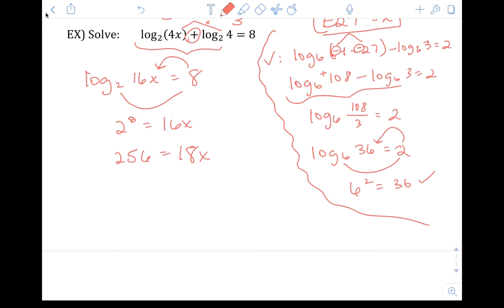So, I don't know why I just put an 18 there as well. Nope, that's a 16. So 2 to the 8th is 256. We're going to divide by 16. Coincidentally, 256 divided by 16 is 16.